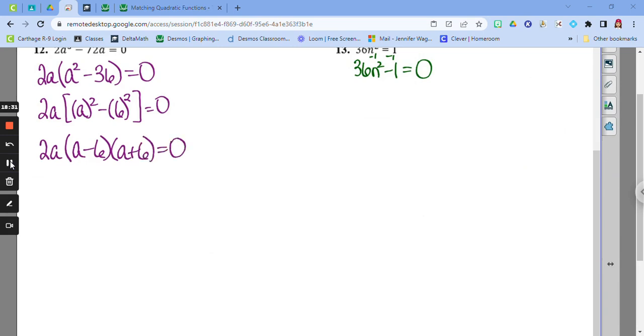Every factor that has a variable we set equal to 0. So now, this time, we have to let 2a equal 0 as well. The first one, I divide both sides by 2.